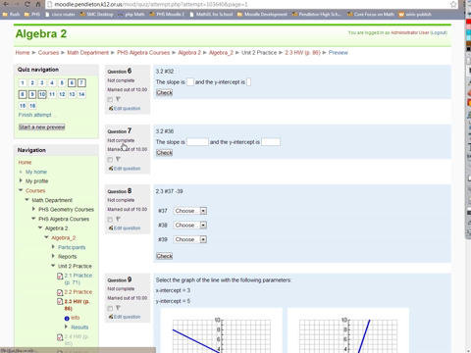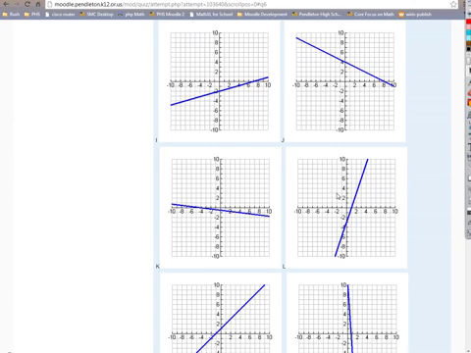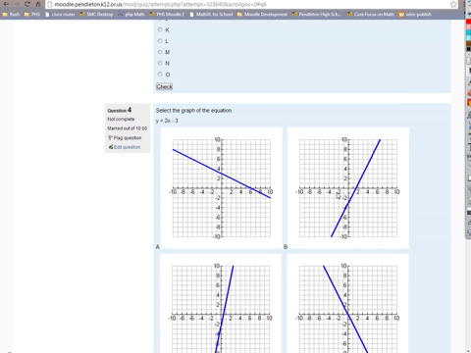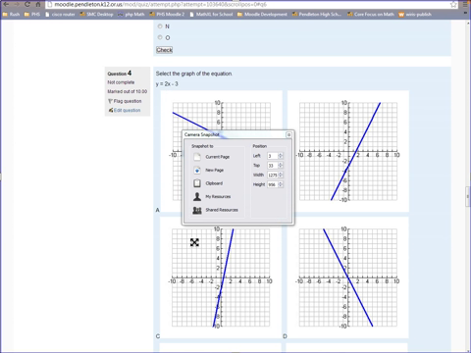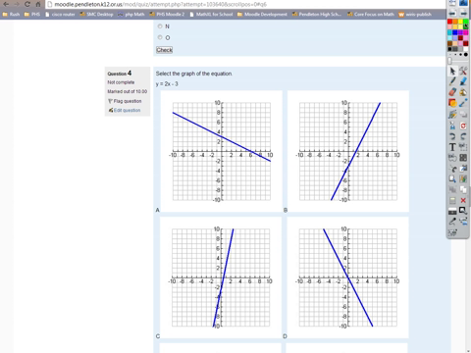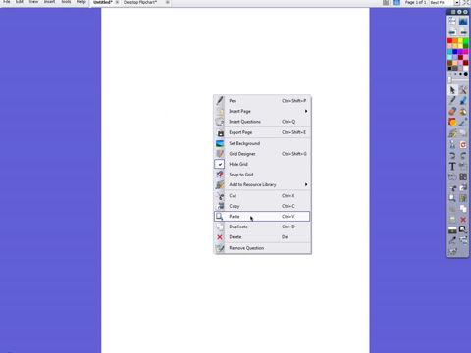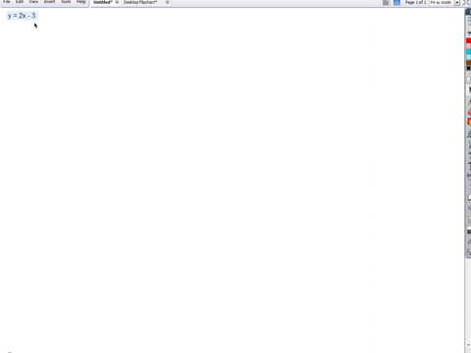Okay, so what if we look at one like, how about one like this? Easily done, you're right. Okay, so now in Moodle what you're going to do, instead of actually graphing it, you're just going to identify the graph, which in a way is even easier.